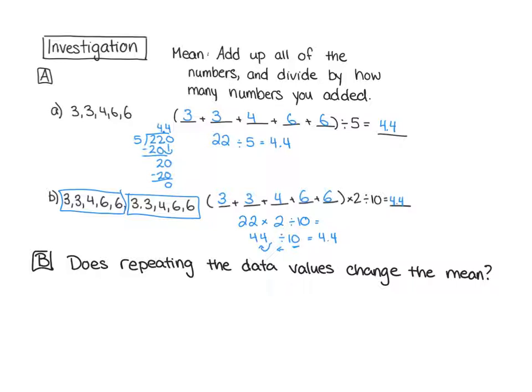So you should notice in your other examples as well, when you finish part A, that the same thing still applies. That if the numbers are the same and you just have 2 sets or 3 sets or 4 sets, the mean should stay the same.